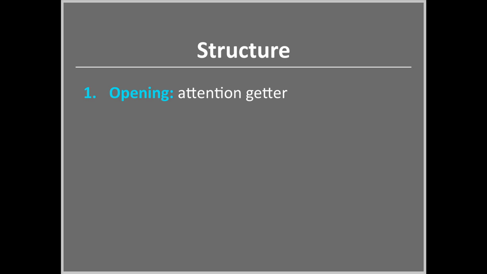We call this type of opening an attention getter. An attention getter is a powerful way to engage students. It also serves to demonstrate to the students why the set of concepts and topics to be covered are important and oftentimes are used to demonstrate how the concepts relate to real life.